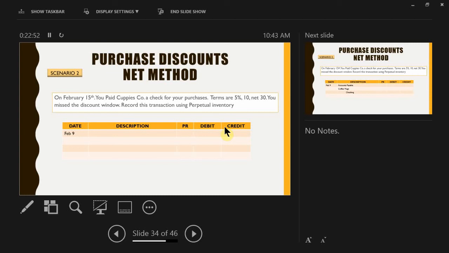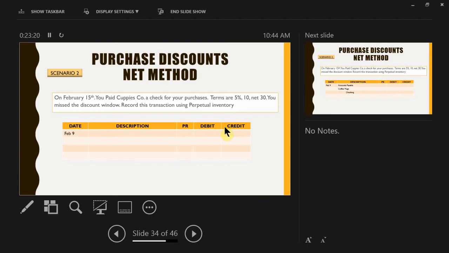Debit. You are going to debit accounts payable because you're making a payment. Good. And then your coffee mugs. You're going to debit your coffee mugs for the $6.25 because you have to add it back into inventory because you originally took it out in the first place.